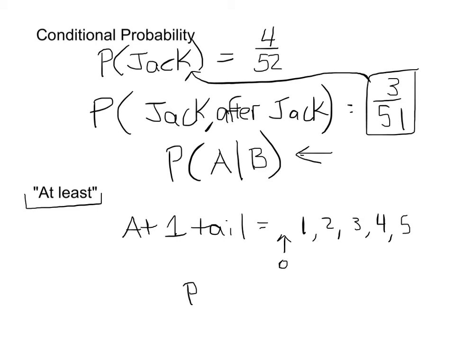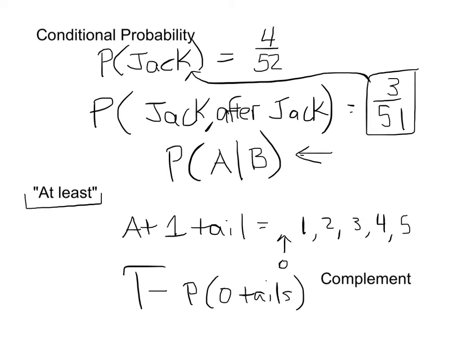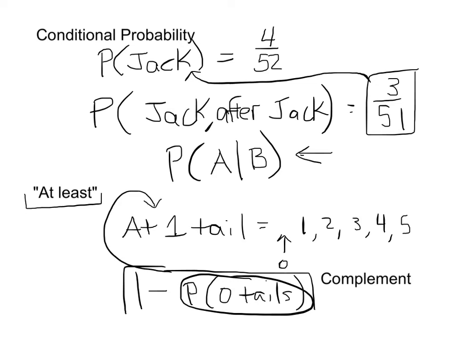So if we knew the probability of 0 tails, that would be the complement. Remember that term, complement? If we know the complement of an event, then all we have to do is subtract that from 1, and the probability of getting 0 tails subtracted from 1 is going to be equal to at least 1 tail.